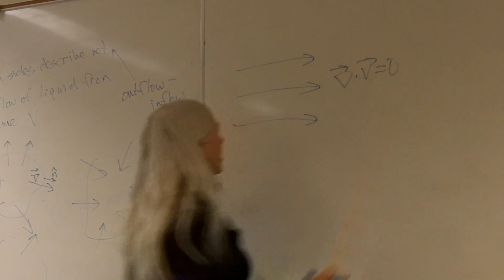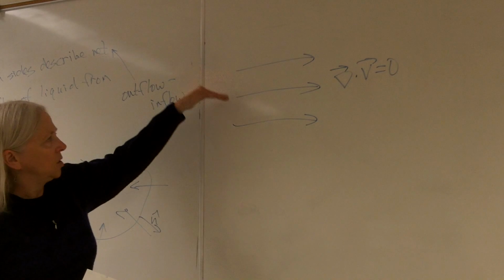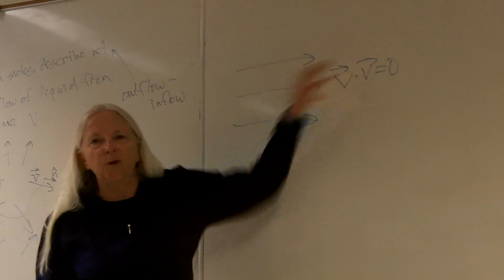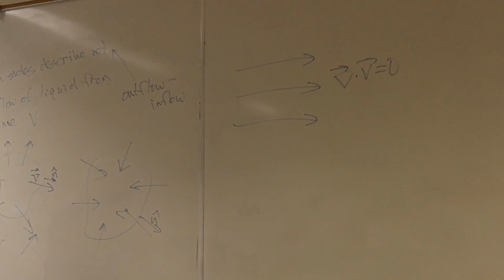If we have a vector field whose vectors are represented by arrows like this, in other words, a uniform vector field pointing from left to right everywhere, same magnitude everywhere. If this is a nice smooth fluid flow, the velocity is the same everywhere in the water. The divergence of such a vector field would be 0, right?